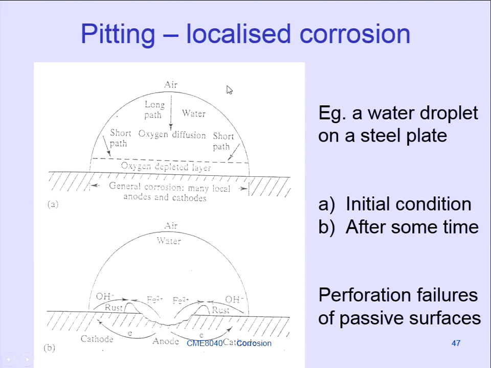The diffusion path here is short at the edge of the droplet, so it won't be depleted in oxygen near the edge. This drawing is wrong. Okay, so you need to change your drawing if you've got it to point out that the oxygen depleted layer, where the cathode processes have used up the available oxygen and the diffusion path is a long path, you get oxygen depletion. Where the diffusion path is short, you still have plenty of oxygen available.